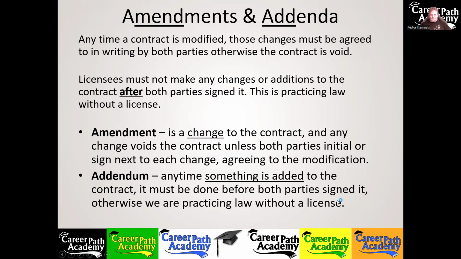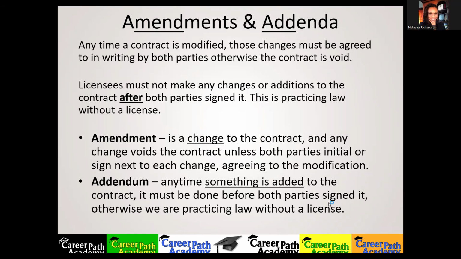Everybody got that? Yep. Okay. Let's underline that there. You're either amending it or you're adding to it.